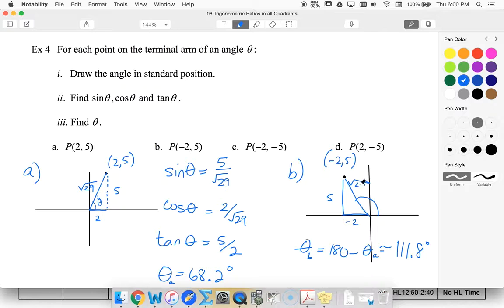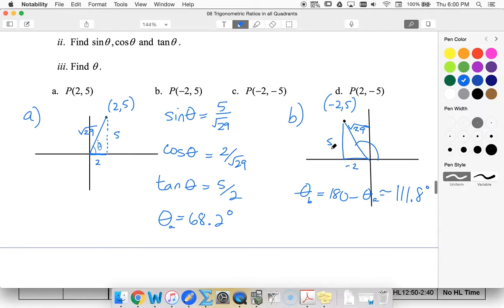I still know that this is going to be root 29. Hypotenuse is always a length, so it's always going to be positive. My sine value is going to be exactly the same, opposite over hypotenuse. So sine theta b is still going to be 5 over root 29, but now the cosine value of this theta is going to be negative. So notice I'm now in my second quadrant.